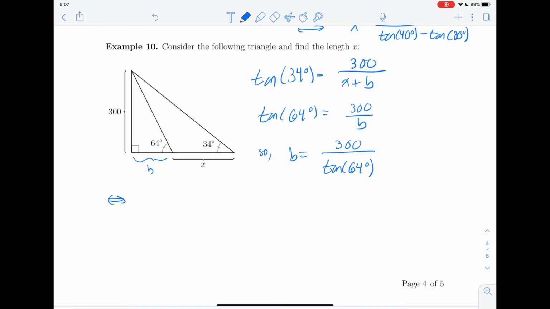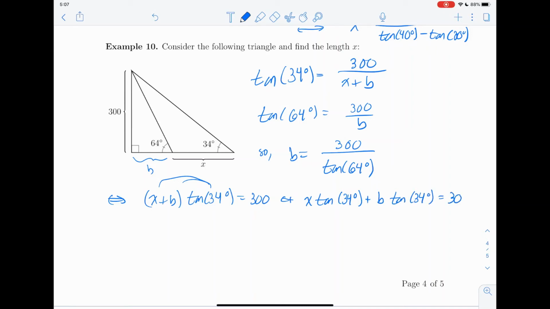And so if our goal is to solve for x, we'll take this first equation and move that x plus b over to the left-hand side. We're going to get x plus b times the tangent of 34 degrees is equal to 300, which after we distribute the tangent, we get x tangent of 34 degrees plus b tangent of 34 degrees is equal to 300.